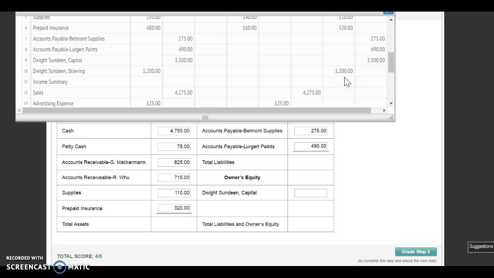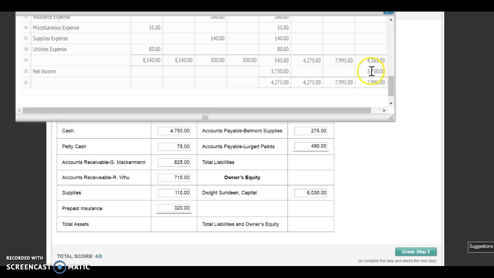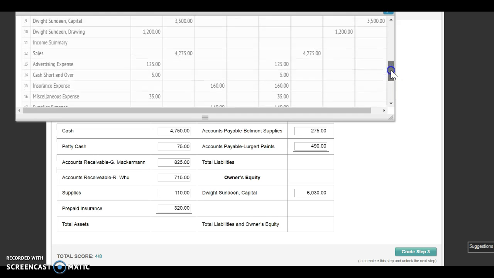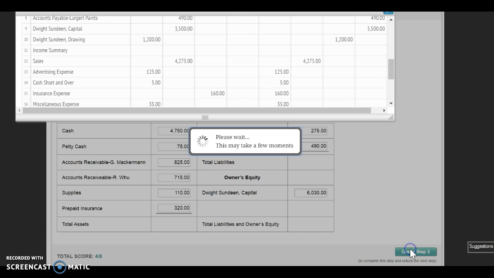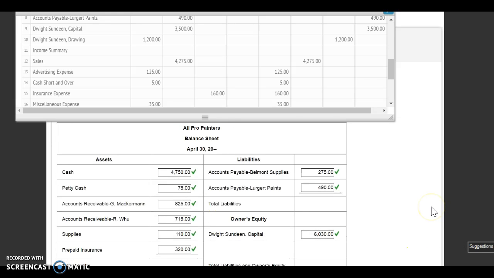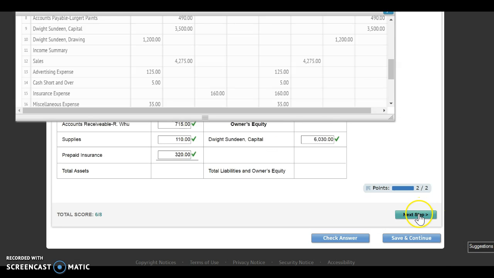As the owner, I took out $1,200 throughout the year. So I'm going to subtract $1,200. That gives me a balance on my capital of $6,030. So I took capital, I added my net income, and then I subtracted my drawing to get my current capital. I'm going to go ahead and say grade step 3. And next step.